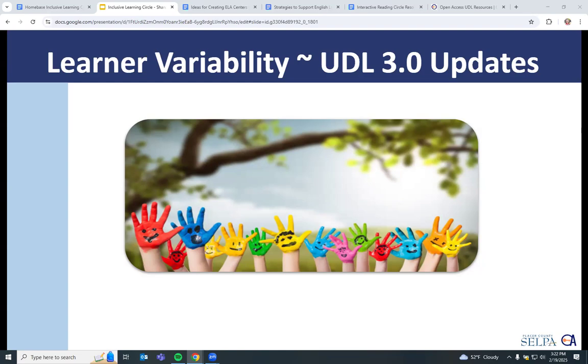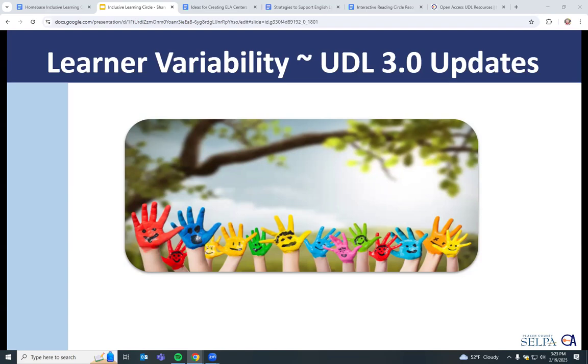These updates were focused on the most modern neuroscience on how human beings learn best. It's looking at what are the strategies that can best support human beings in engaging with their learning, in perceiving their learning, and in showing their understanding.